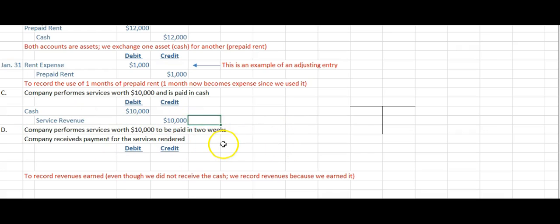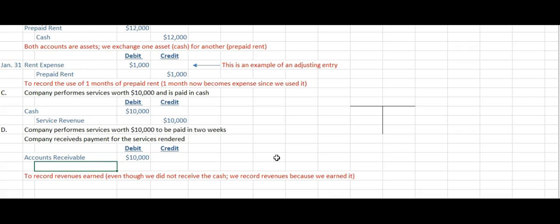Let's take a look at this other one because they're related. D. Company performs services worth $10,000 to be paid in 2 weeks. Okay, so in this case, they're going to be paid in 2 weeks. So in this case, you use the accounts receivable because you're expecting to be paid. You haven't gotten the cash yet, $10,000. But notice what we put here.